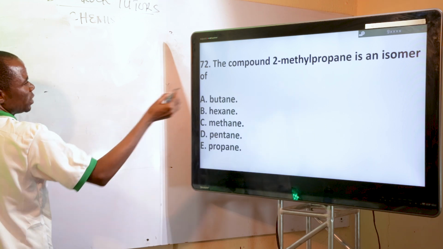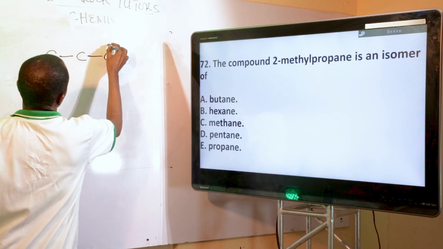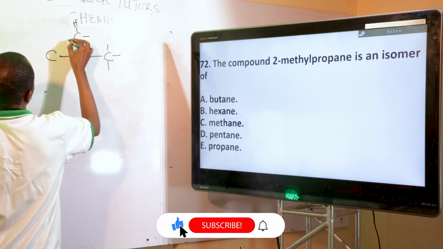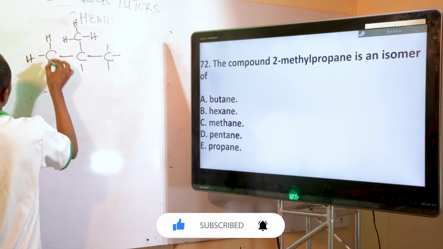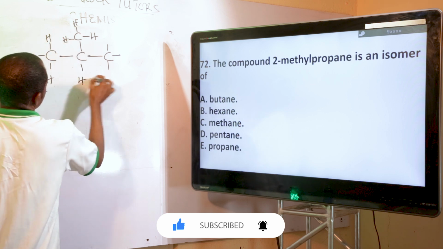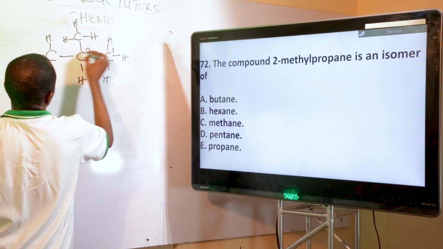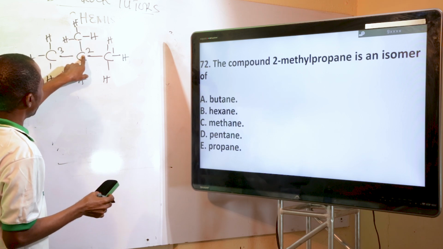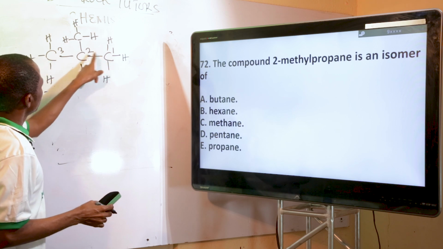If we're talking about 2-methylpropane, this is what we have. This 1, 2, 3. And this is the methyl group. The methyl group is attached to the second carbon atom, hence the 2-methyl. And the parent chain, 1, 2, 3.